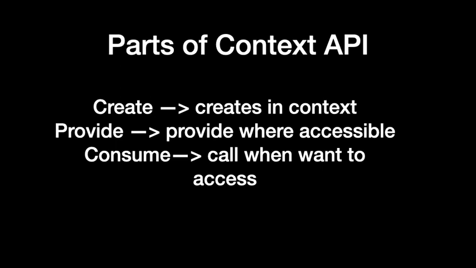Then we need to consume that API. So whatever component you want to access that context, that will use consume. This is the implementation part of context API. I'll show you a demo of how it is done and what the benefits of that are.